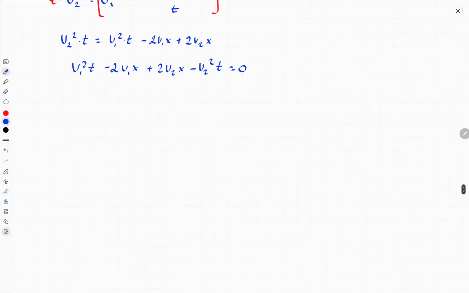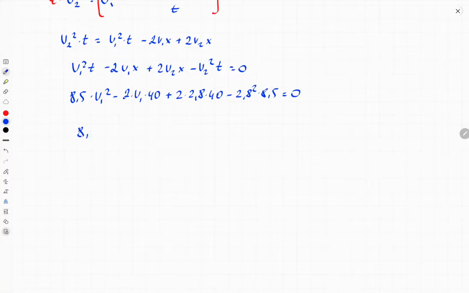So let's input the data. v1 unknown, time is 8.5. v1 squared minus 2v1 times 40 meters, x, plus 2 times final velocity 2.8 times distance 40 minus 2.8 squared times time 8.5 equals 0.